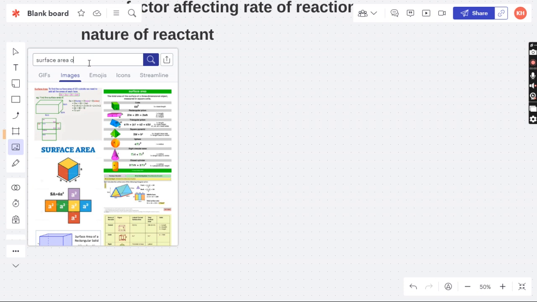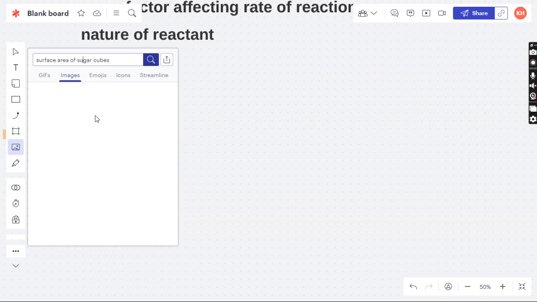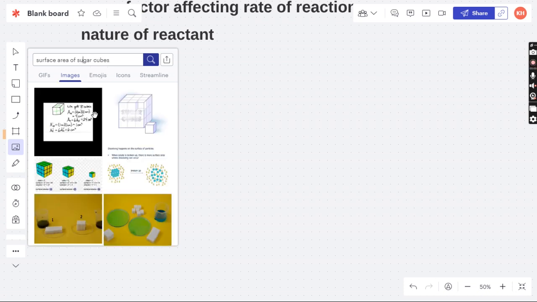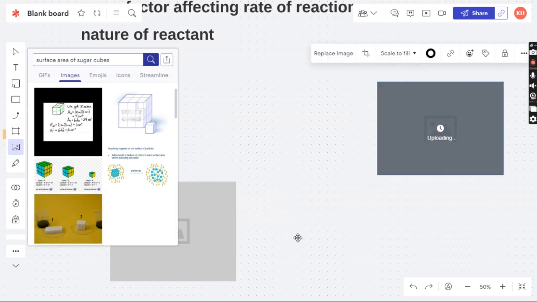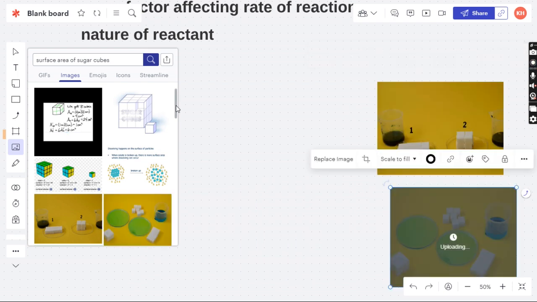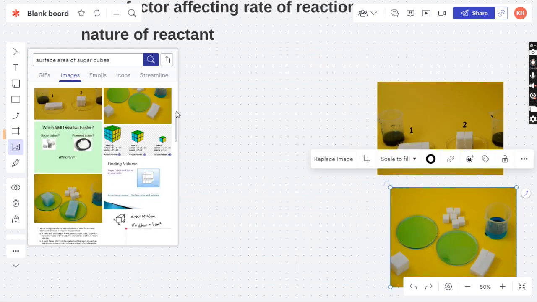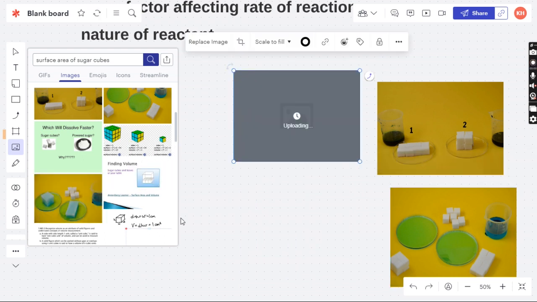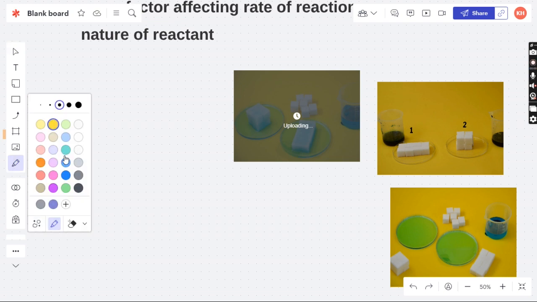For example, let's take sugar cubes, the surface area of sugar cubes. The rate of reaction is directly proportional to surface area.